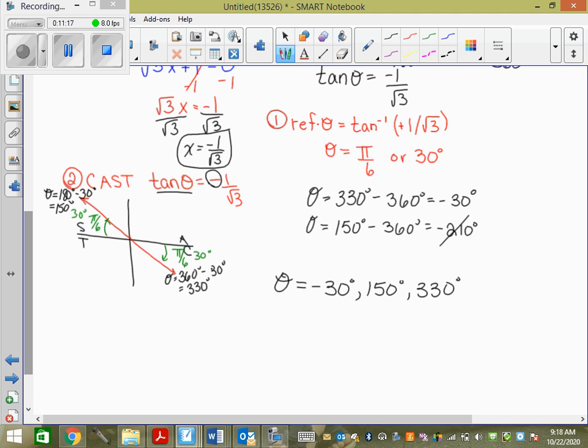Radians. So what do I have to do to turn these into radians? Degrees to radians is really easy. Divide by 180, add a pi. Right? Remember we did it in a whole unit circle. Just divide by 180 and add a pi. So 30 divided by 180 reduces to 1 over 6. So I'm going to get negative pi over 6. 150 divided by 180 gives me 5 pi over 6.